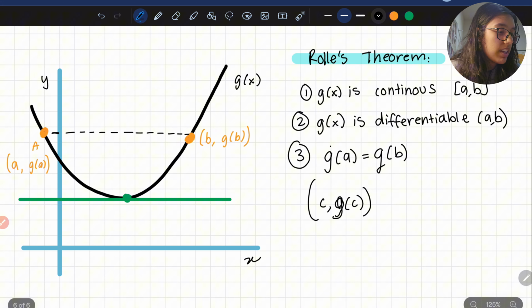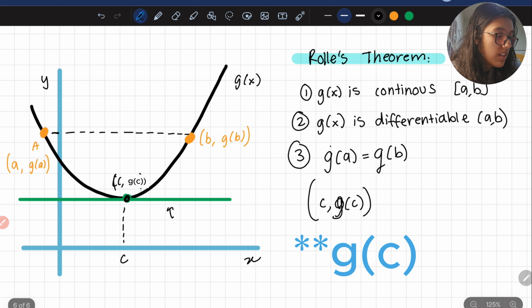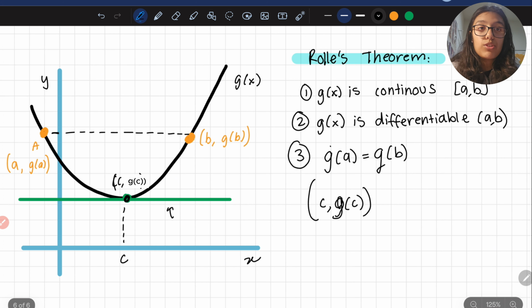And we can see that right here. In this scenario, g of x is a parabola, but honestly, it could be anything. So in this case, this is going to be x equals c. So this point is essentially c comma f of c. And at x equals c, we drew a tangent, and that tangent has a slope of 0.